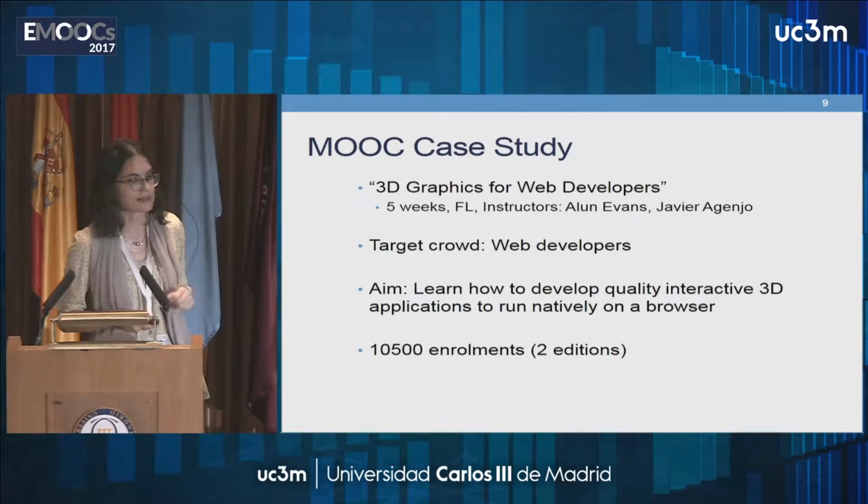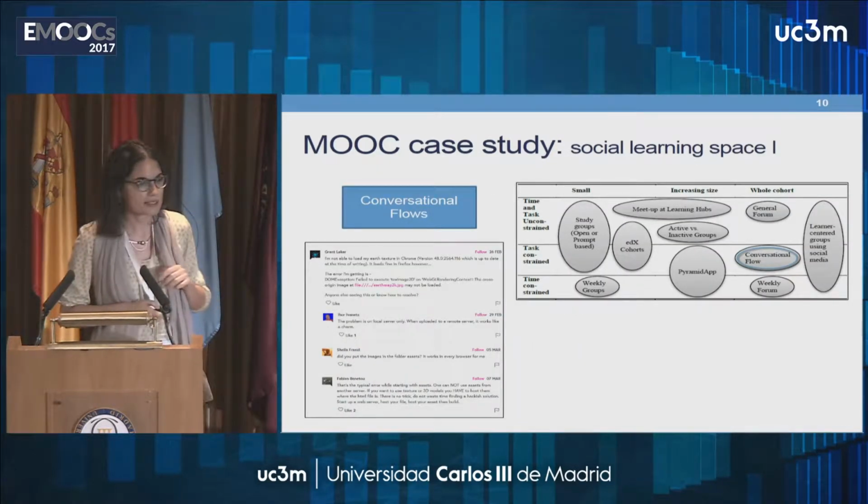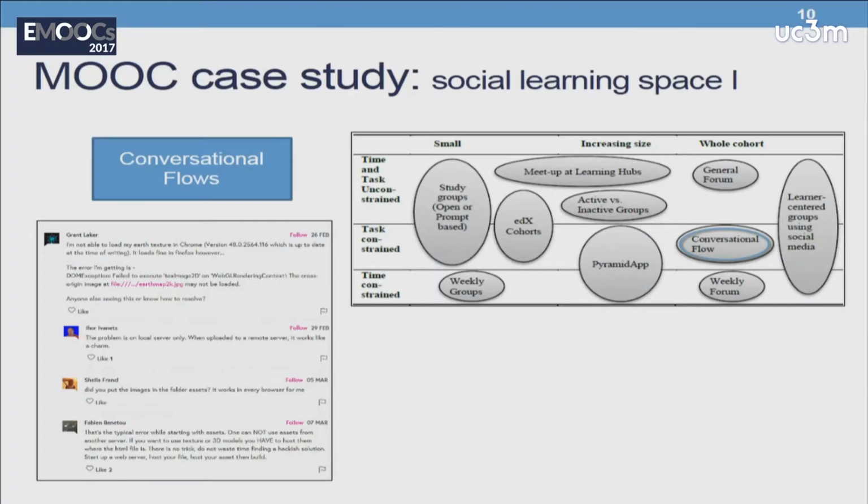We have run several editions of it. This is one of the social learning spaces that we included in the second edition of the MOOC. This was in all editions of the MOOC. This one is the conversational flow, which is a concept that FutureLearn has. It is associated with every step, meaning every video or every activity proposed in a week on a specific topic.